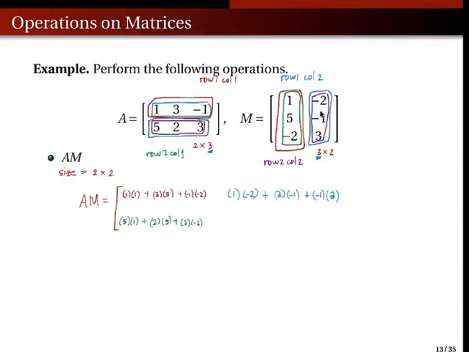So you will have 5 times negative 2 plus 2 times negative 1 plus 3 times 3. And then you may now close this matrix.